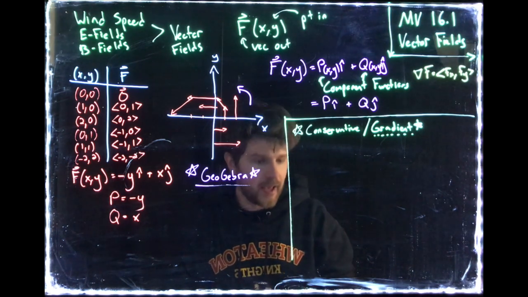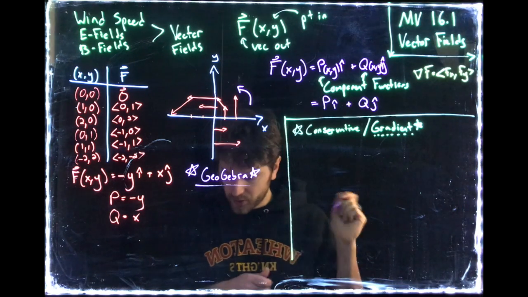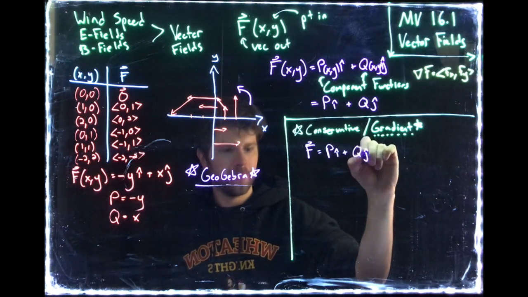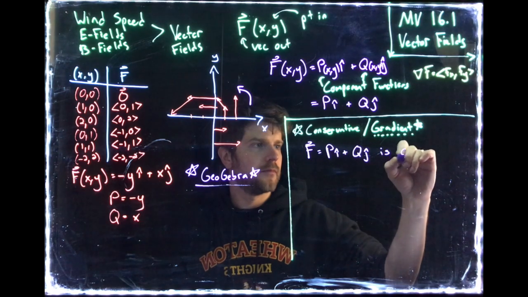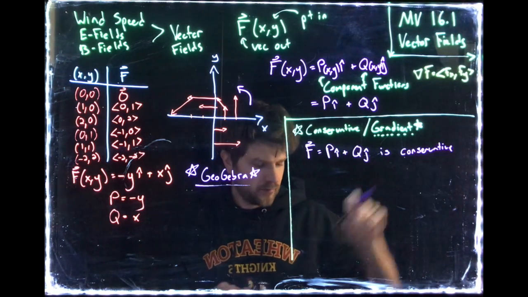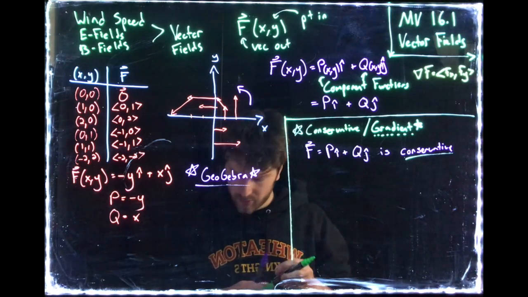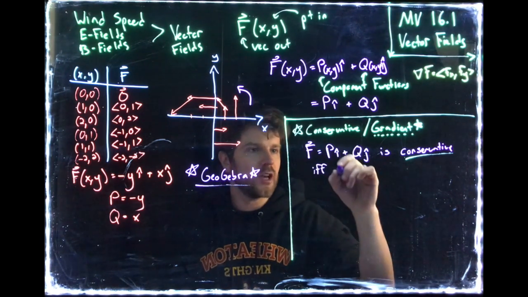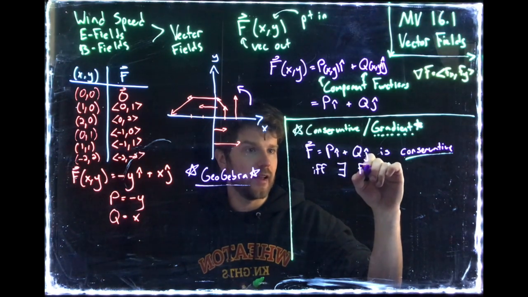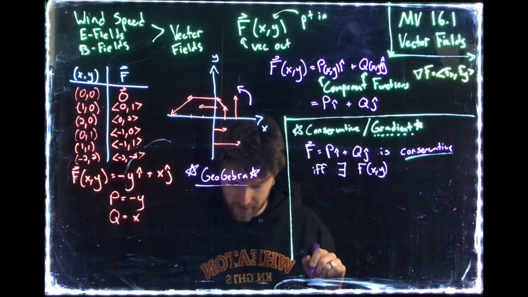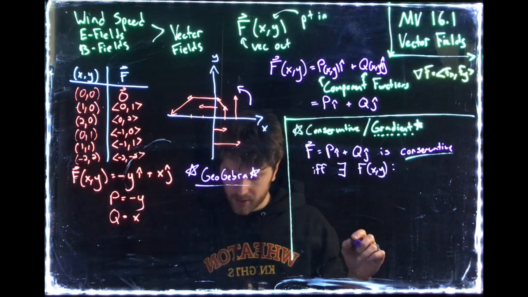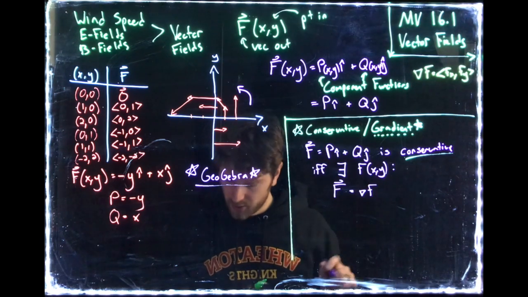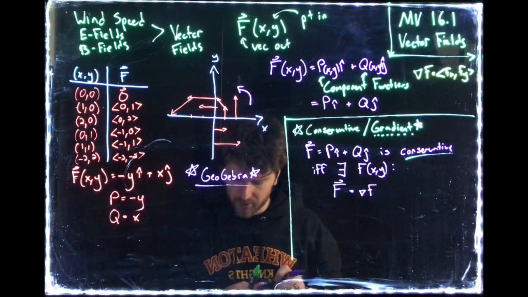So what we say for these conservative fields is that our vector function, Pi plus Qj, is conservative if and only if, this is a very strong mathematical statement, there exists some scalar function f, little f versus big F, such that our vector function is the gradient of our scalar function. And this is why we call them gradient fields.